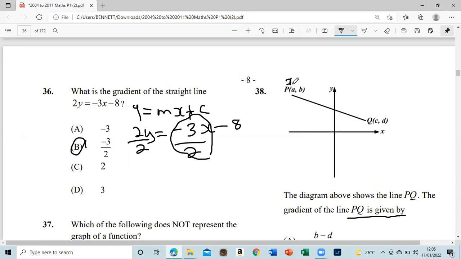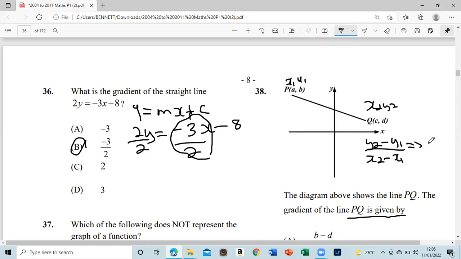We can name this x1, y1, and this x2, y2. Now it's the rise over the run, or y2 minus y1 over x2 minus x1. That's the general formula.